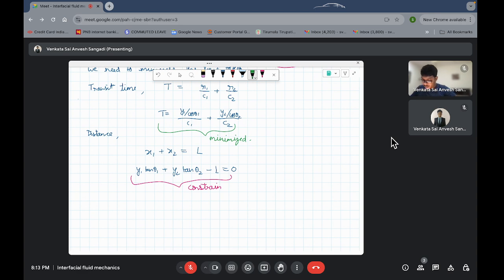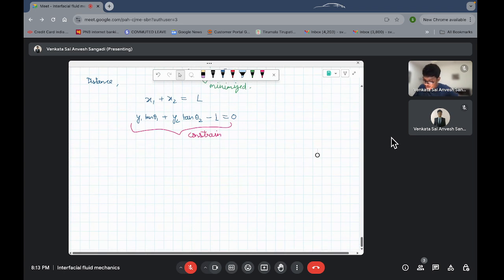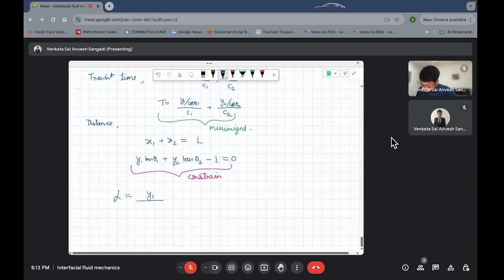Therefore, we write our Lagrangian L as y1 by (c1 cos theta 1) plus y2 by (c2 cos theta 2) plus lambda times (y1 tan theta 1 plus y2 tan theta 2 minus L). And note that L is a function of theta 1, theta 2 and lambda.